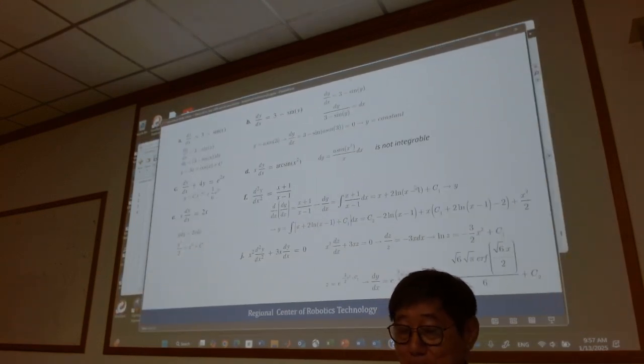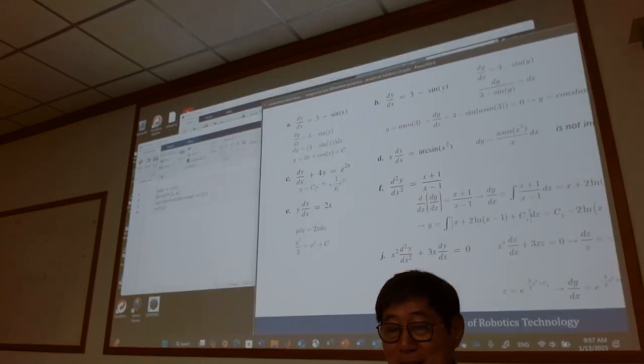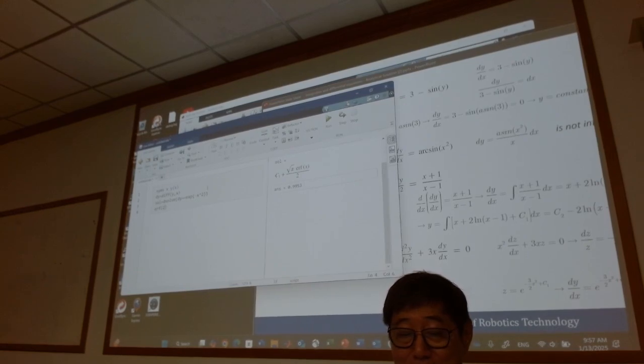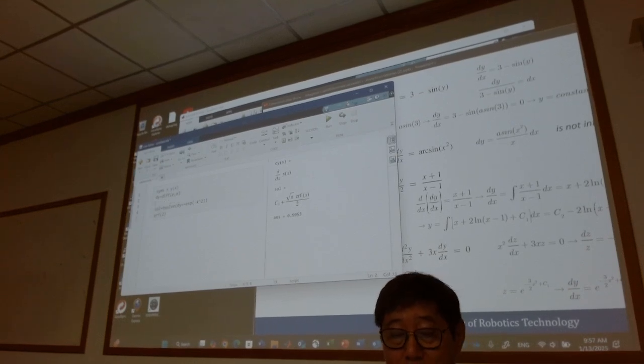You see, sometimes I do it step by step. I change this one, follow this one, and you can have it. If you put the whole thing, let's see, you have d²y by dx².